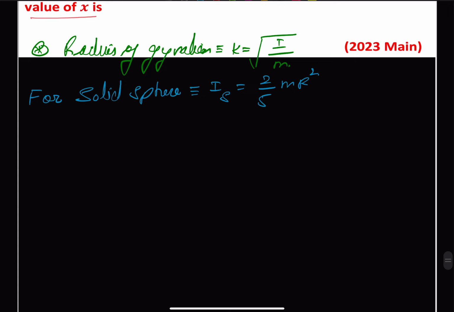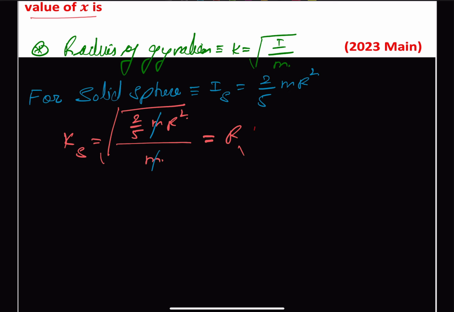So the radius of gyration of the sphere will be equal to the square root of 2 by 5 mr square over m. So this m and m cancel out, and r we can take outside the square root. So this comes as r times the square root of 2 upon 5.